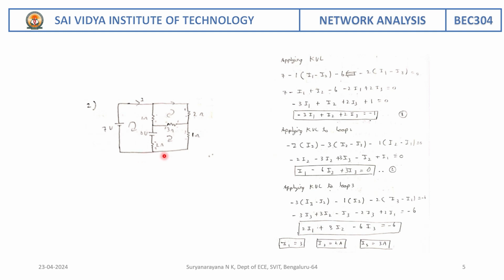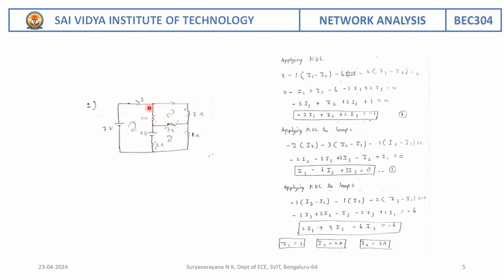In a similar way, using mesh analysis, you have to find current here I1, I2, I3. So this is the network that is shown. So use Kirchhoff voltage law for mesh 1, mesh 2 and mesh 3. So write Kirchhoff voltage law for the first mesh: 7, because I am moving from negative to positive. So it is positive 7.